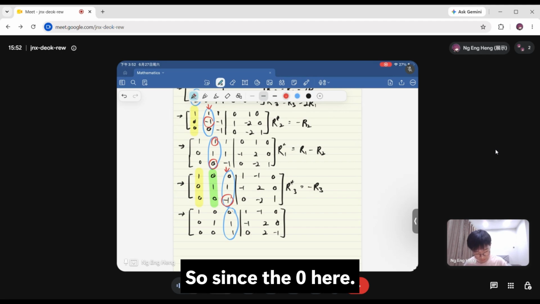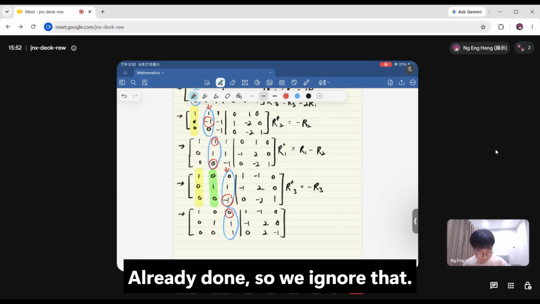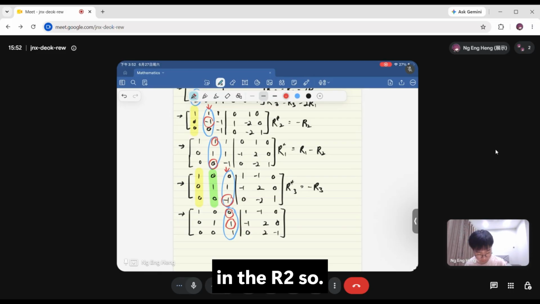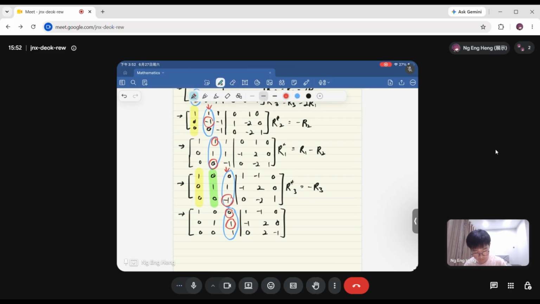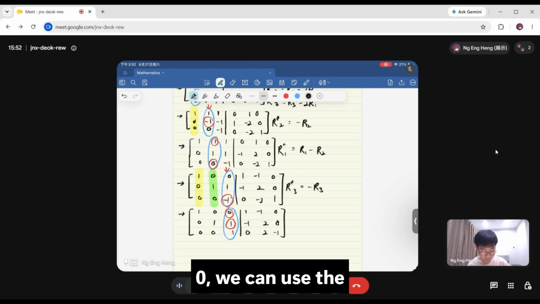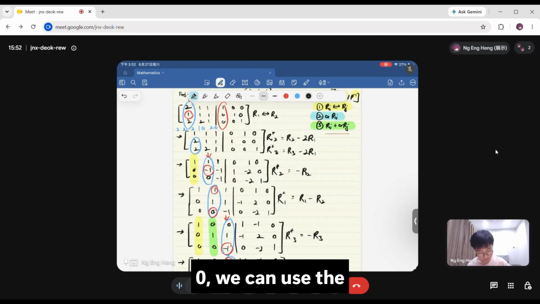Since the 0 here is already done, we ignore that. We only focus on the 1 in row 2. To let this 1 become 0, we can use the third operation.